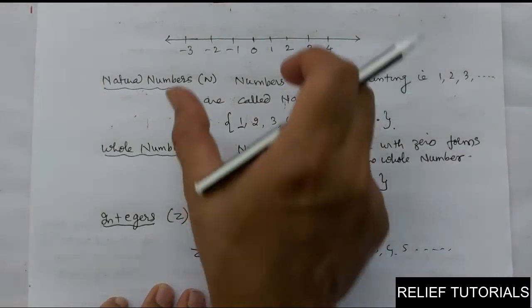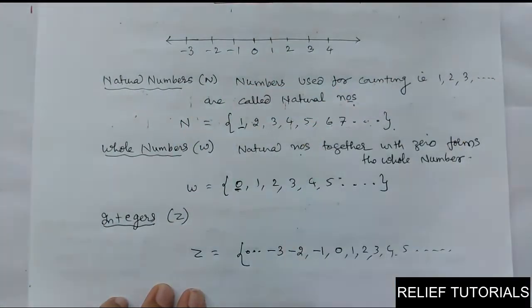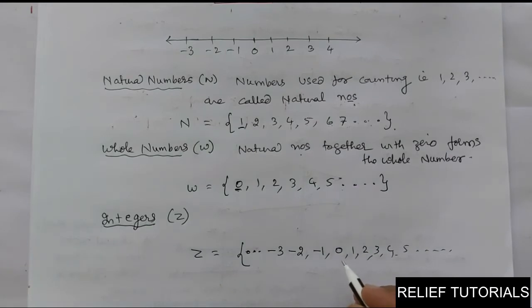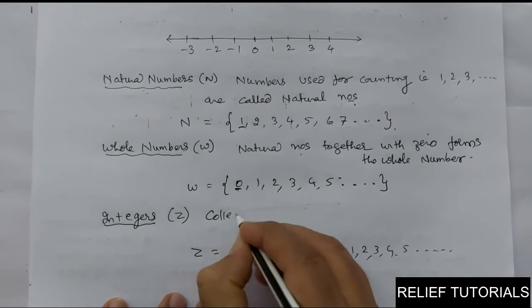These integers I have represented on a number line. So what are integers? The collection of whole numbers and negative natural numbers are called integers.